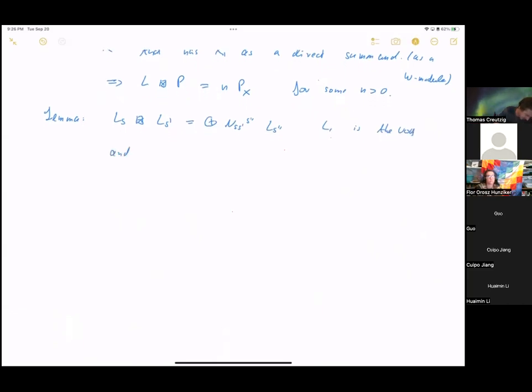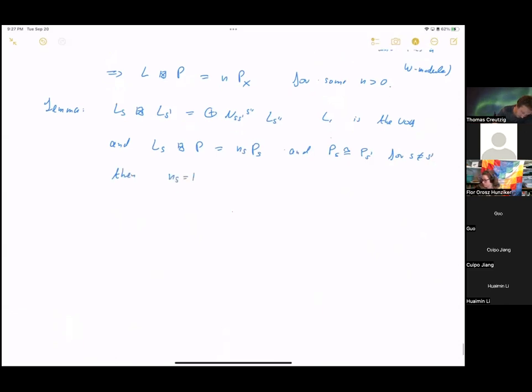And we know that LS times a certain given module P is equal to NS times PS. And we also know that these PS and PS prime are non-isomorphic indecomposable modules. So really the setup again that we know: if we have all these conditions, then actually every NS has to be equal to 1. So that's the answer to your question.